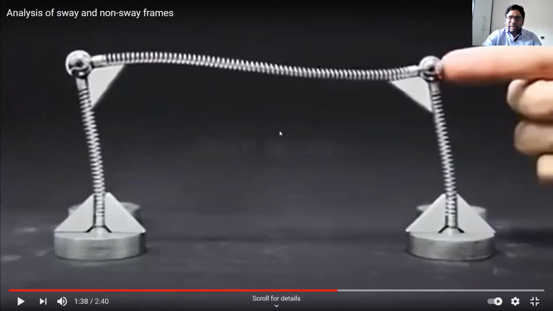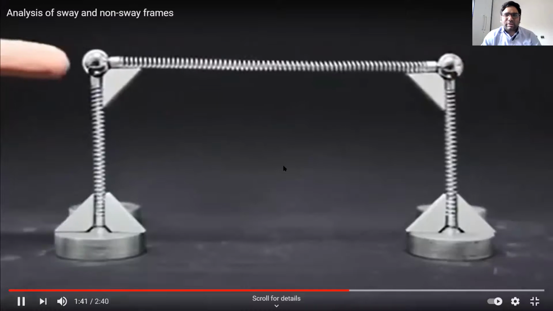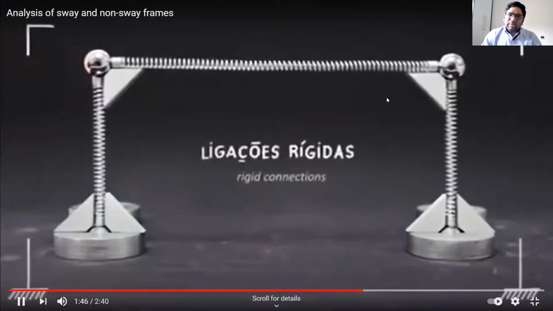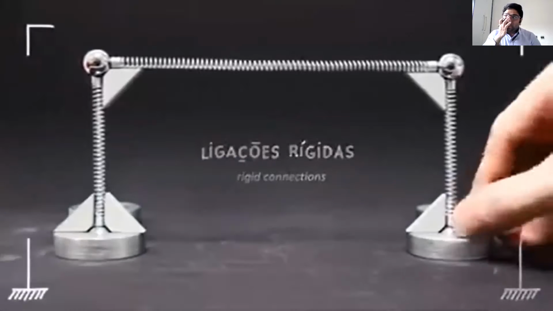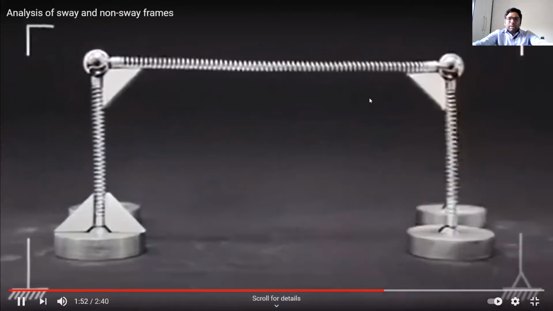Now he is trying to push it. See what's happening. Is it falling down? No. But what you can see here, see my cursor, there is a kind of deflection and a rotation. It is moving to the left or right side, so there is a rotation as well as a movement being developed there. That is how a rigid connection behaves.